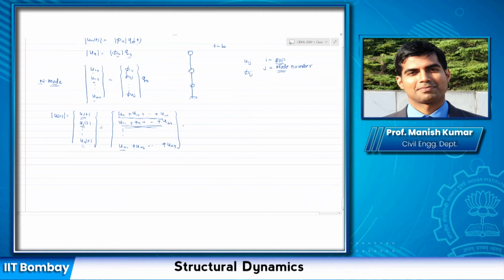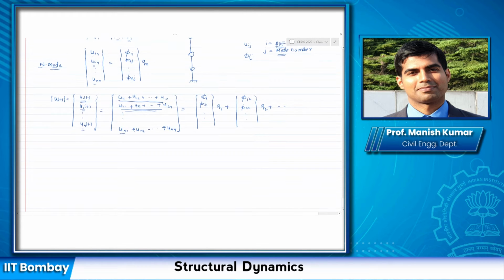And this would be nothing but phi_11, phi_21, and so on, times q_1, plus for the second mode phi_12, phi_22, times q_2, and so on. So basically I am writing down the total response as the sum of responses due to individual modes at each degree of freedom.